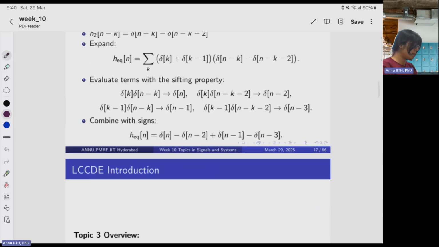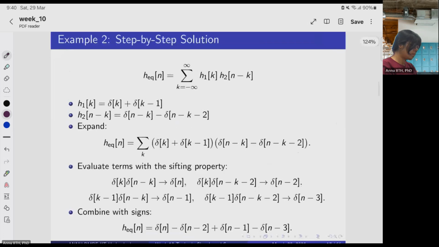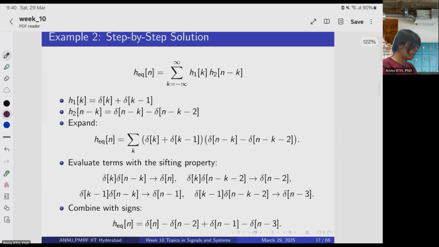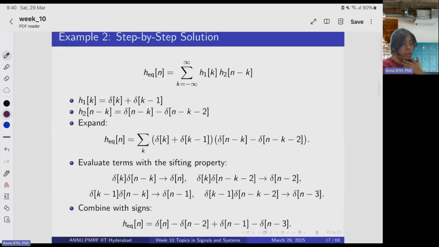Okay, so let us find them. By going with a simple formula, h equivalent is the convolution of h1 and h2[n]. So h1[k] is nothing but delta[k] plus delta[k minus 1], and h2[n minus k] is delta[n minus k] minus delta[n minus k minus 2], as we know from the time shifting property.